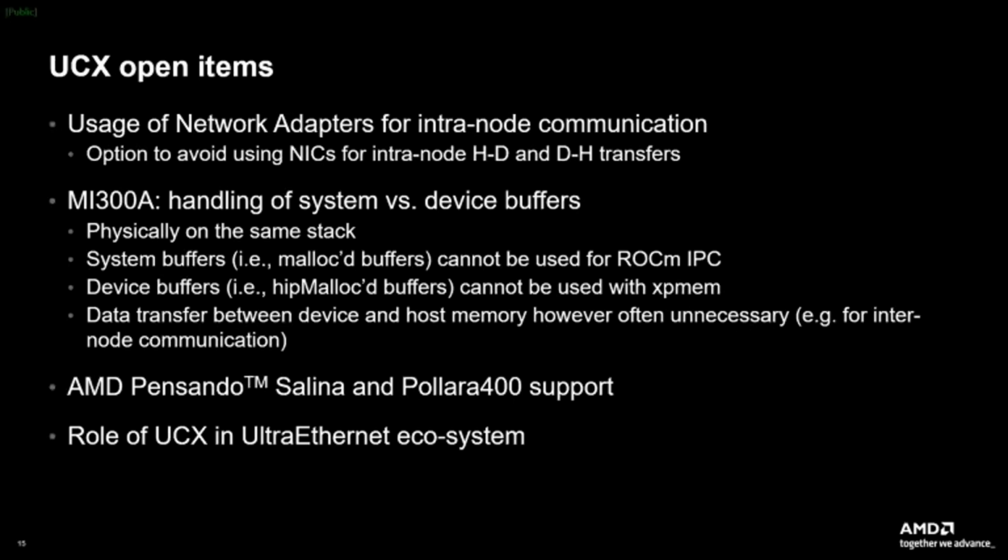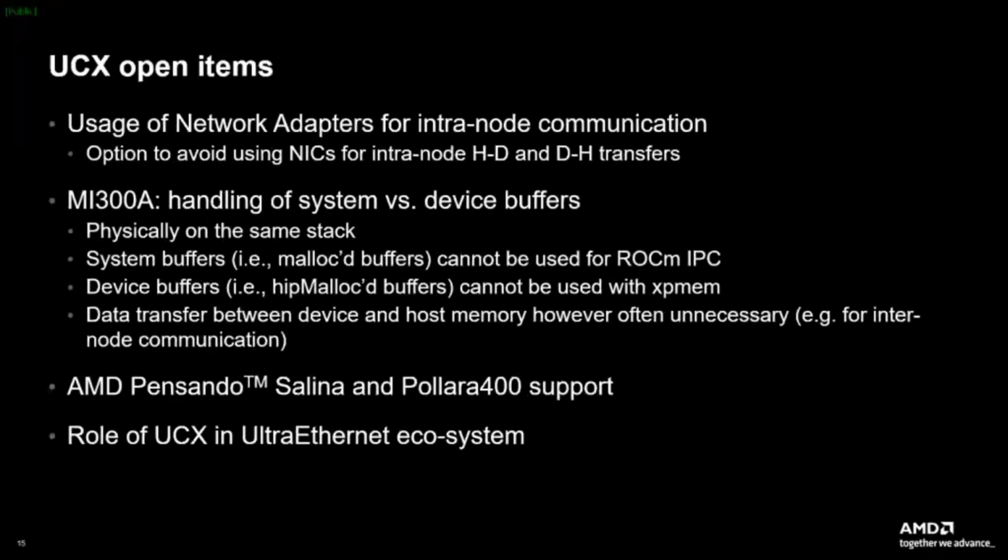MI300A, with CPU and GPU cores all sharing exactly the same physical memory, also poses some interesting questions, right? Although it's physically the same memory, memory allocated with malloc versus, let's say, with hipMalloc is still different from the operating system perspective.